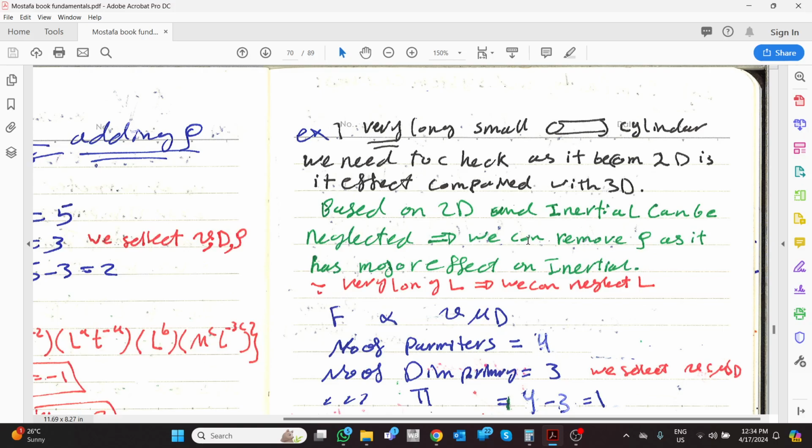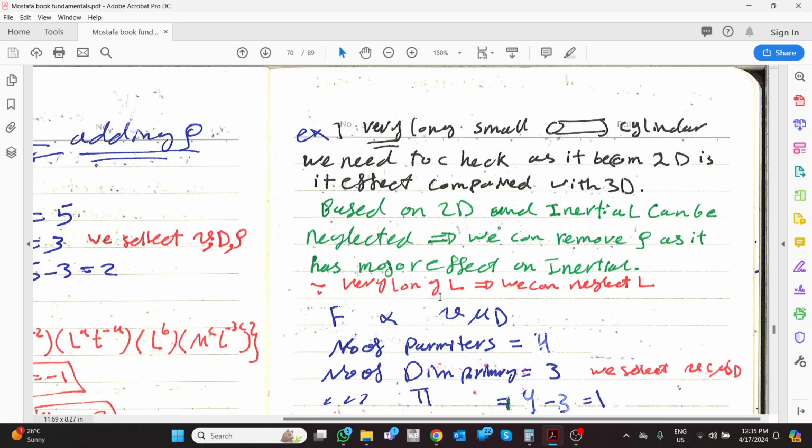And by the way, regarding the inertia, which is based on the density, there is no major effect of density on the inertia, so we can even neglect the density.